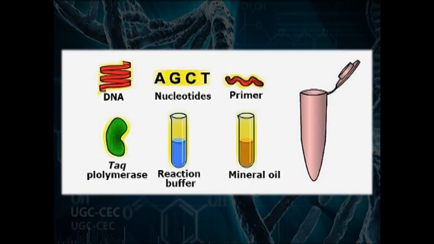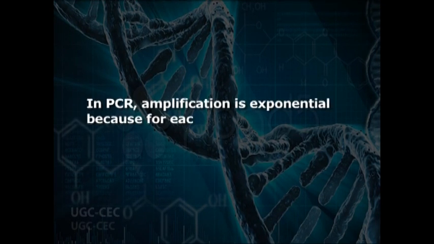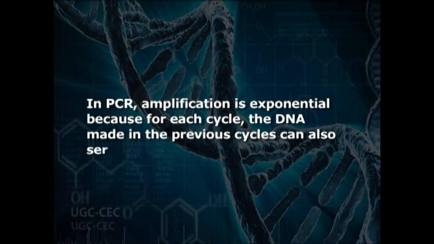The reaction components include template DNA, DNA polymerase, primers, buffer and precursor dNTP molecules. In PCR, amplification is exponential because for each cycle, the DNA made in the previous cycles can also serve as a template. There are also many modifications of PCR, and according to the requirement, any can be used.